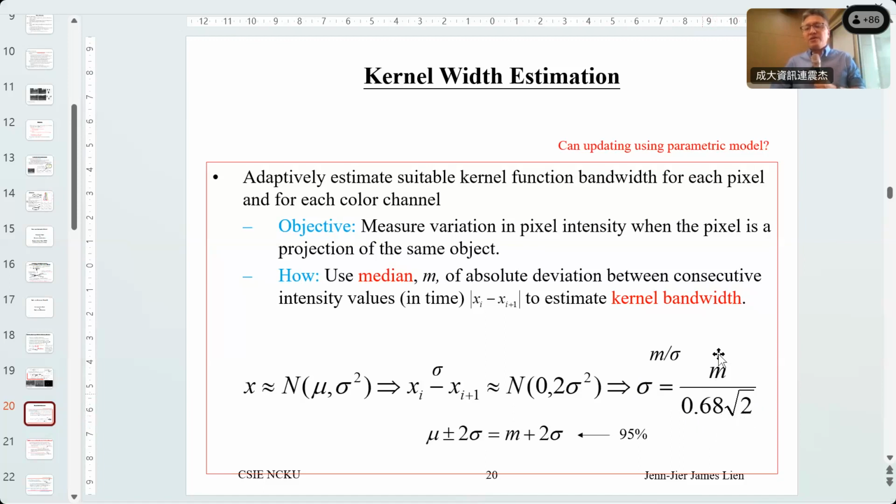So they give in this median filter divided by this 68% times square 2. This means 2 standard deviations, something like that. So this paper, I give you this paper. The answer is this one, according to their experience. But this is not a good solution.